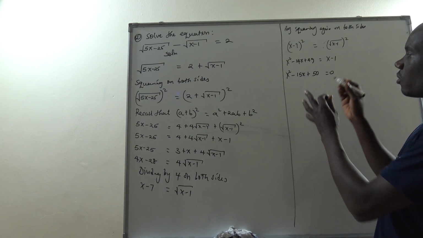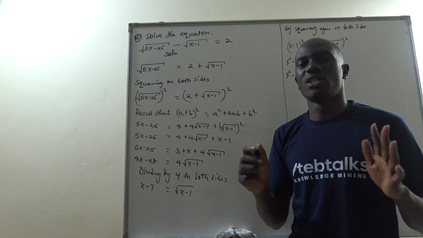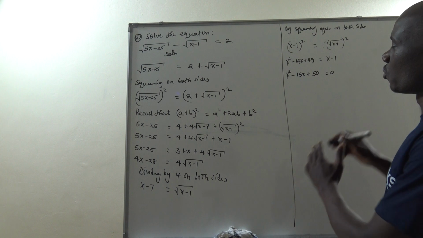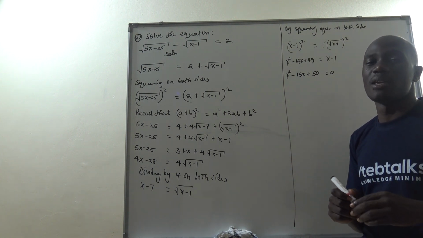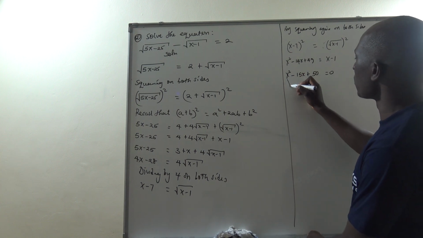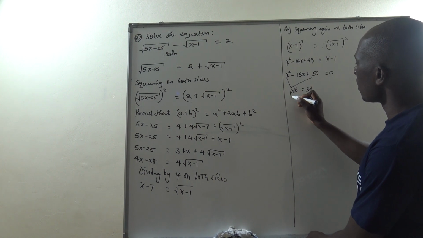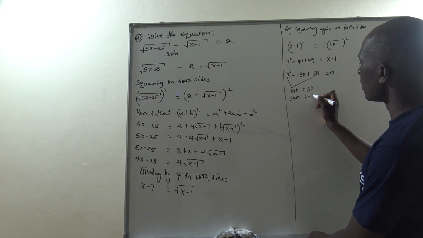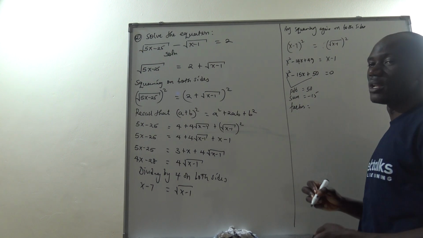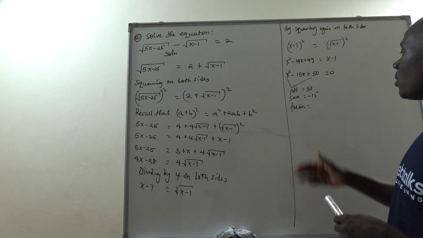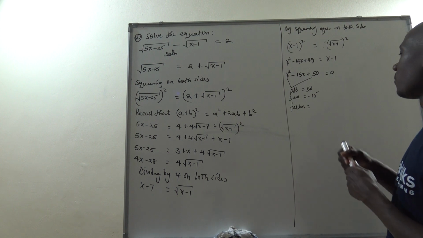So this is a quadratic equation in the form ax squared plus bx plus c equals 0. What we're going to do is look at the product, the sum, and the factors. Our product is 50 and our sum is negative 15. Can we think of two numbers that, when you multiply them, we get 50, and when we add, we get negative 15?